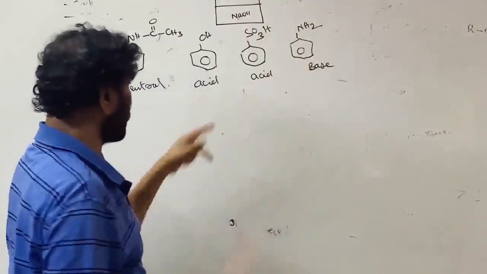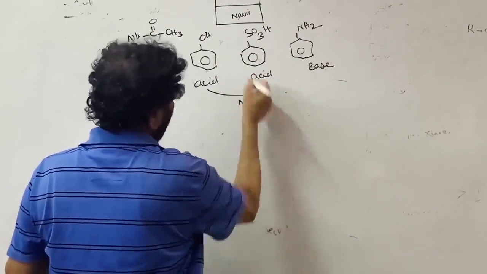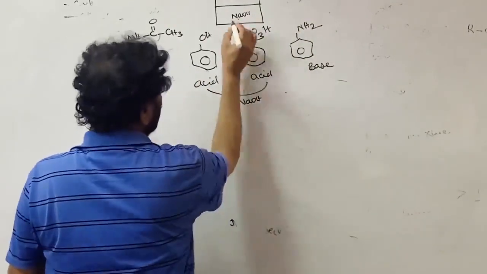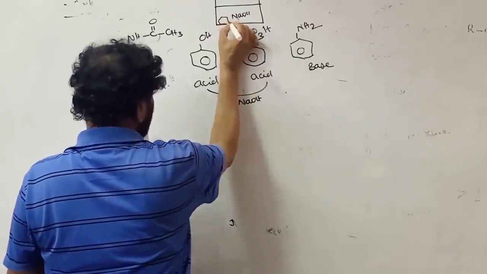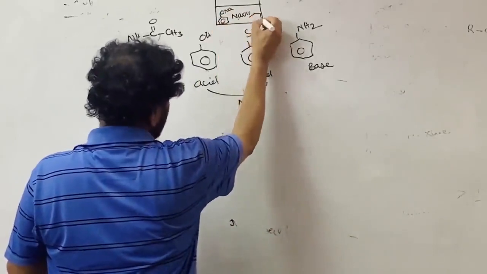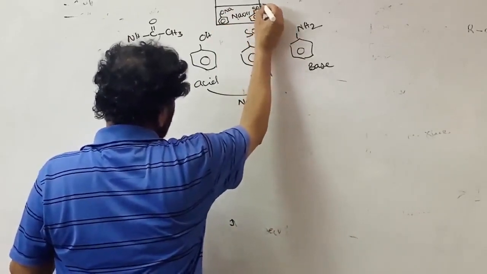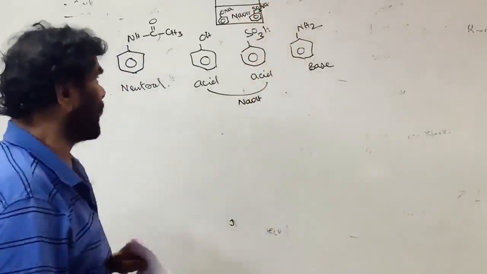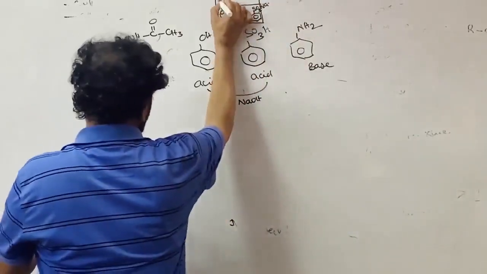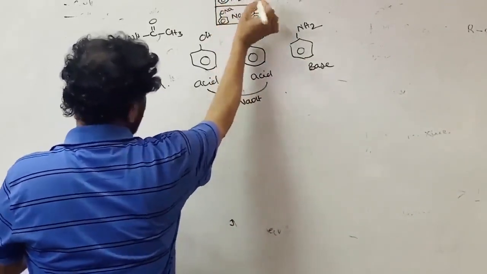These two react with sodium hydroxide and convert into sodium salts. The phenol goes into this layer in the form of sodium phenoxide, and this goes in the form of sodium benzene sulfonate.